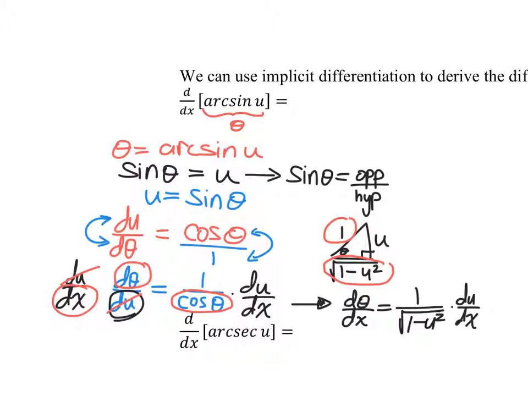All right. So 1 over the square root of 1 minus u squared times du dx. And that's the chain rule derivative for the arc sine function.